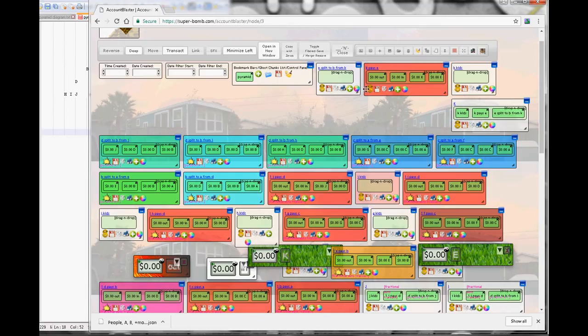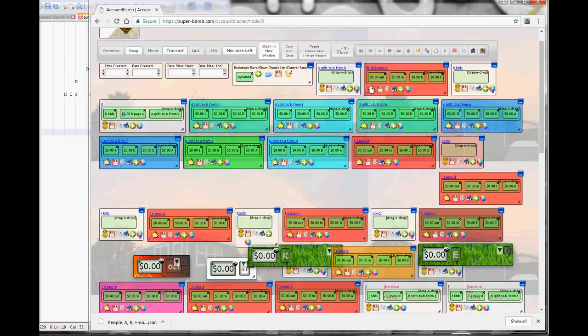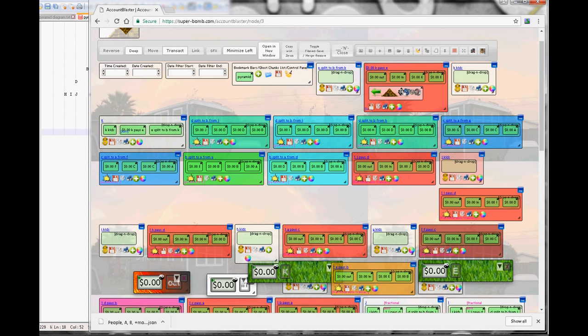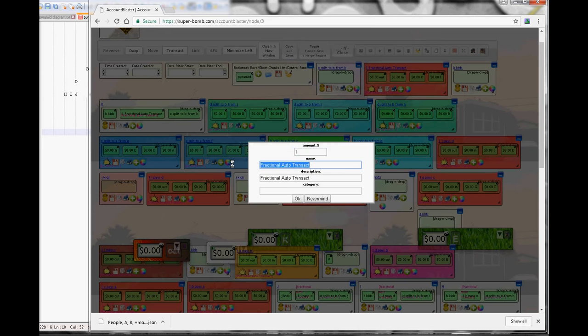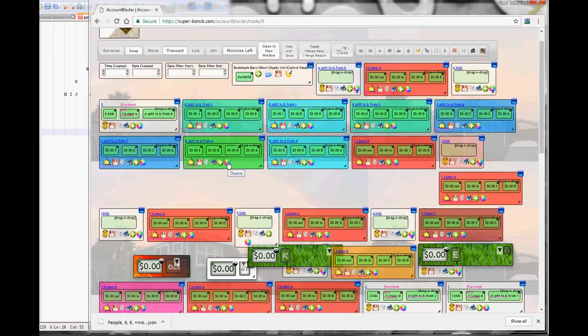That's K pays E. Turn it into a fractional auto transaction by clicking the spokes. Rename it again.